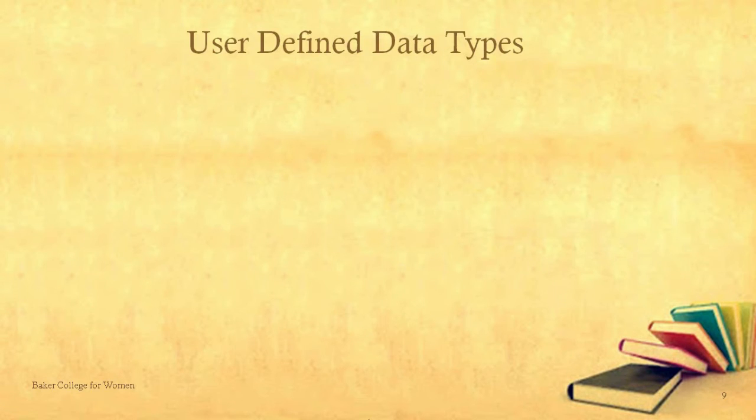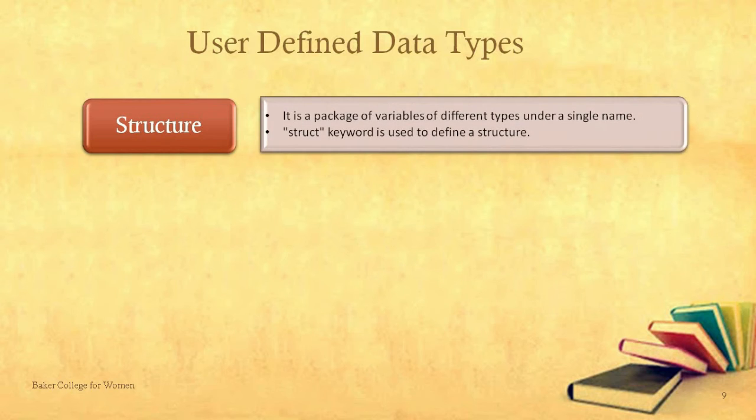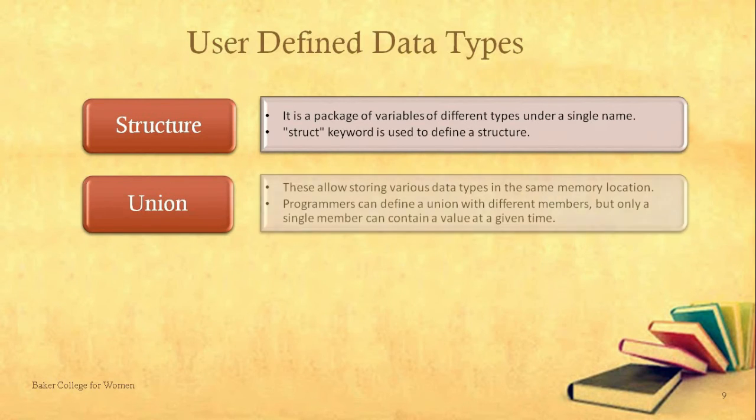User defined data types. Data types which are defined by the user as per his or her will are called user defined data types. Structure. It is a package of variables of different types under a single name. The struct keyword is used to define a structure. Union. These allow storing various data types in the same memory location.